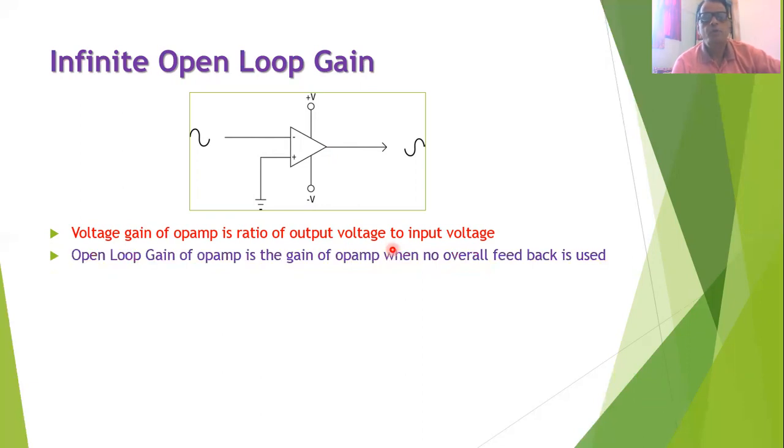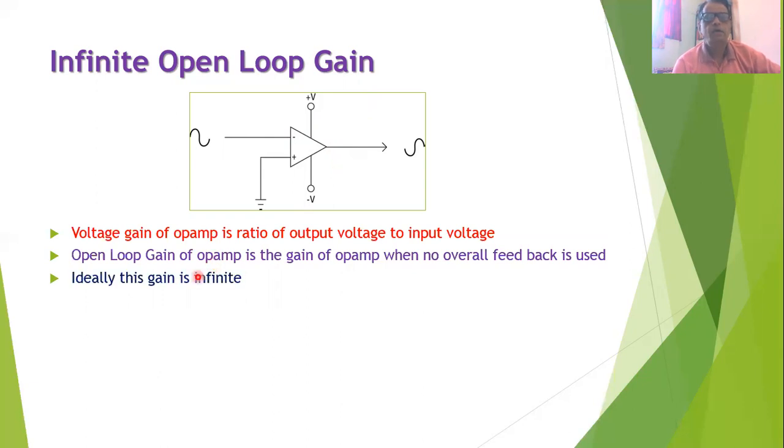Open loop gain of the operational amplifier is the gain when no overall feedback is used in the circuit. As shown in the diagram, you will easily observe that there is no resistance or capacitance present between the output terminal and input terminal of the operational amplifier, and therefore this circuit is called an open loop circuit.